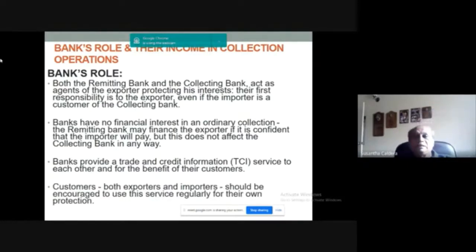Customers, both exporters and importers, should be encouraged to use this service regularly for their own protection. This TCI reporting is a very, very important thing. A lot of banks are not doing this, but you have to do it, and we encourage them to do it.